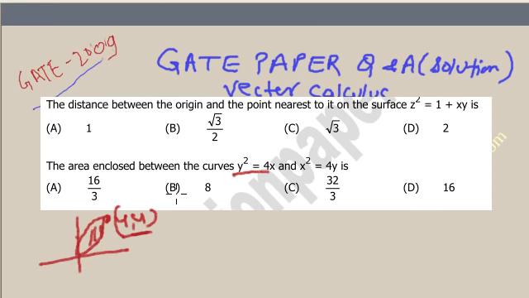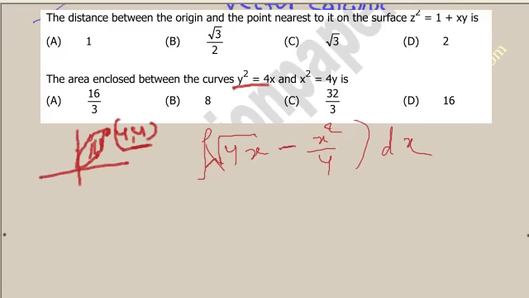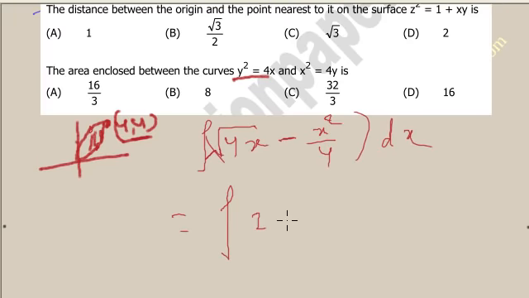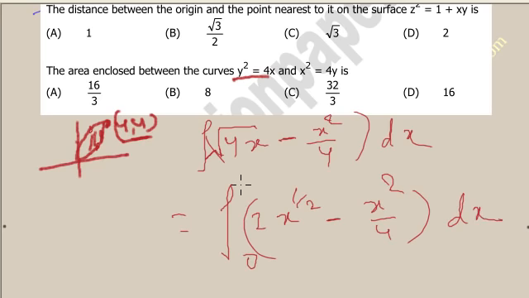So the area is the integration of first this curve, root of 4x, minus x square by 4, y1 minus y2, dx. So you can write it as the integration of 2 x to the power 1 by 2 minus x square by 4 dx, and x ranges from 0 to 4.